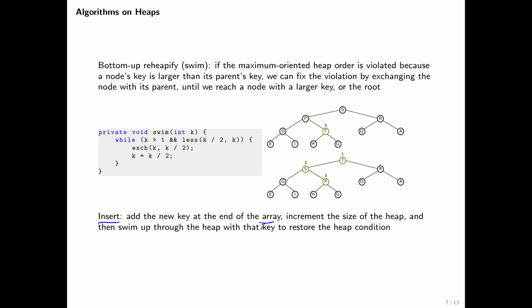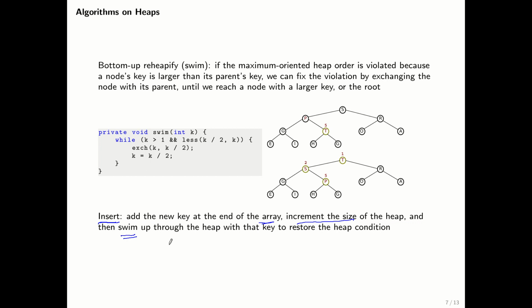Since you're adding something to the priority queue, increment the size of the heap by 1, and then this key that you added might result in a violation. So you have to make sure that at the end the heap order is restored. What you do is you simply have that key swim up through the heap so as to restore the heap condition, using this operation.